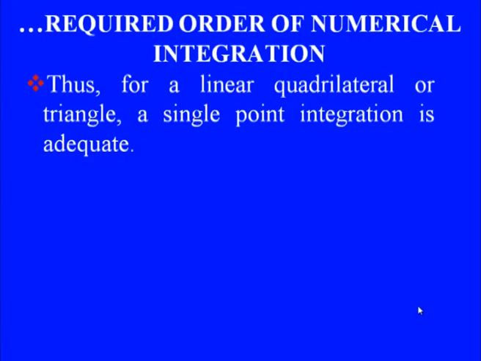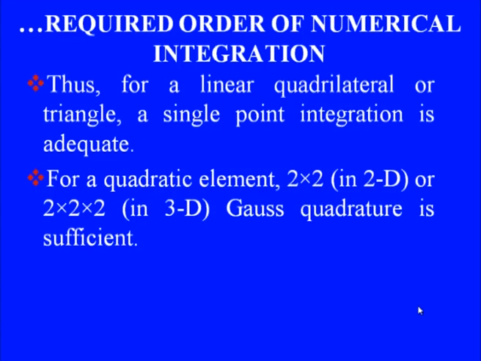Thus, for a linear triangle, a single point integration is adequate, and for a quadratic element, let us say if you are dealing with rectangular one, we can choose 2 cross 2, that is 4 Gauss points in 2 dimensions, and 2 cross 2 cross 2, that is 8 points in 3 dimensions to obtain our value of the elemental integrals. We do not need anything more than that.